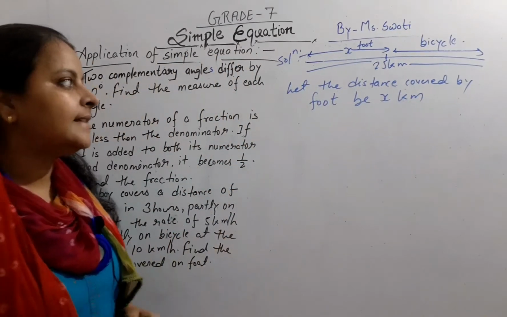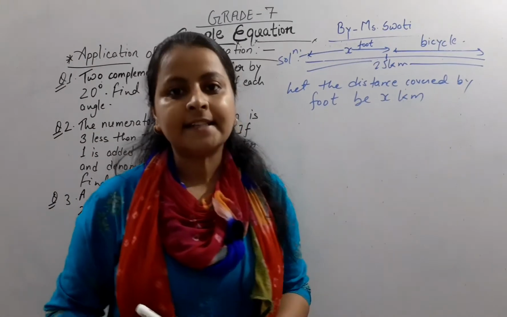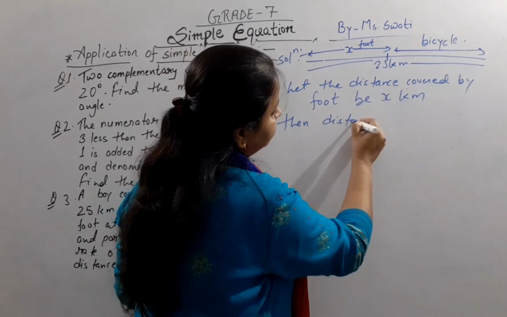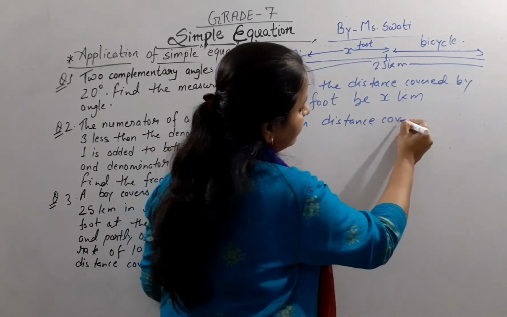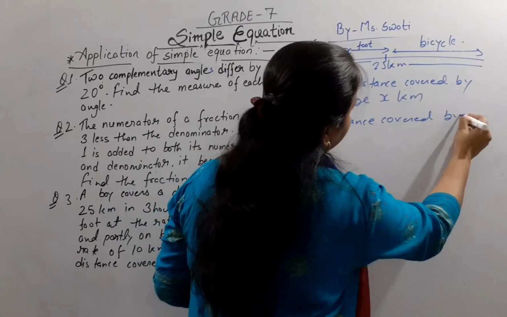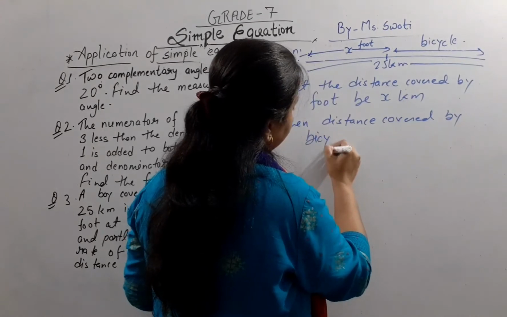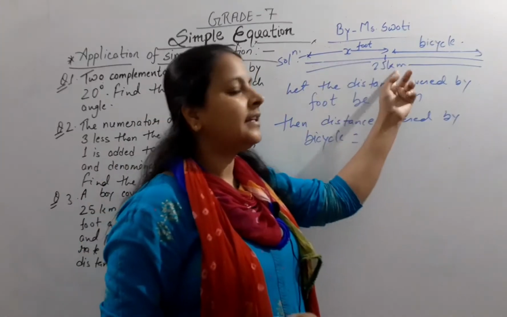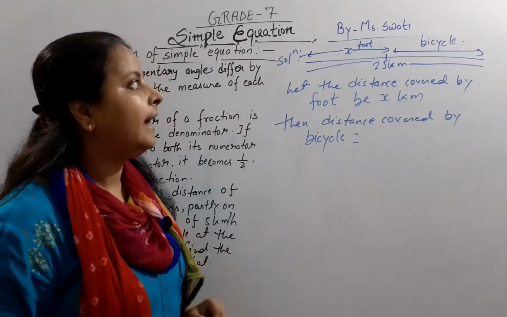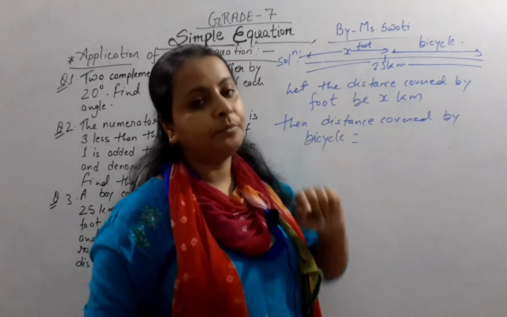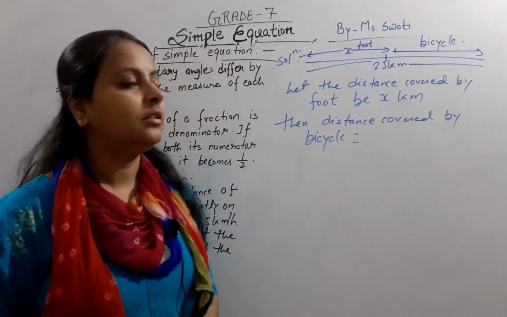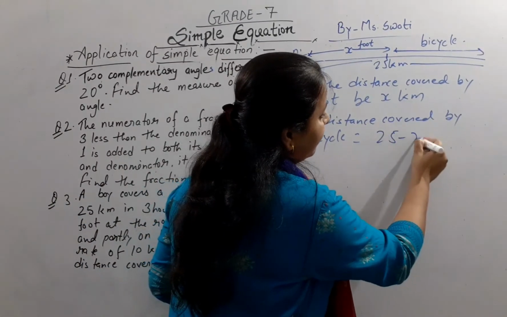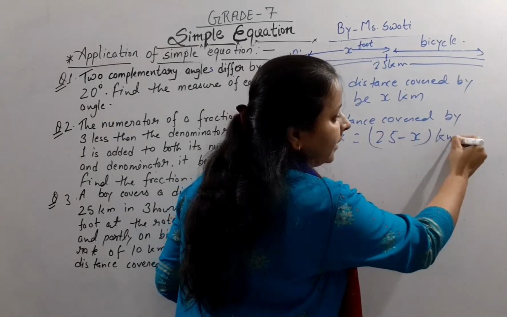If the distance covered by foot is x kilometer, then the distance covered by bicycle is, student, the total distance covered by the boy is 25 km and the distance covered by foot is x kilometer, then the distance covered by bicycle is 25 minus x kilometer.